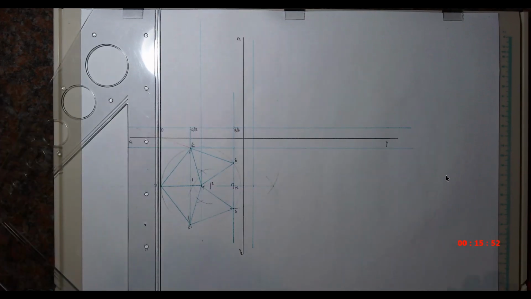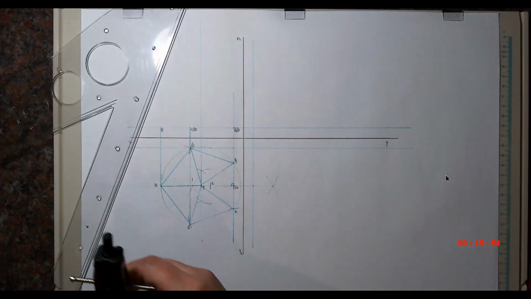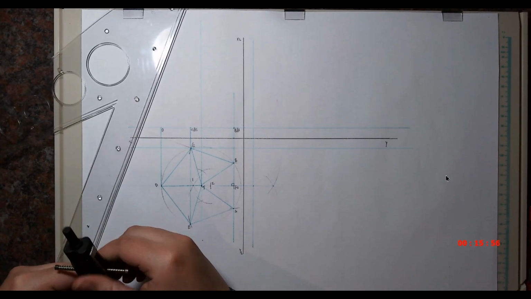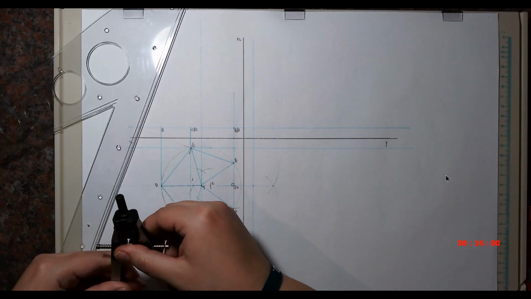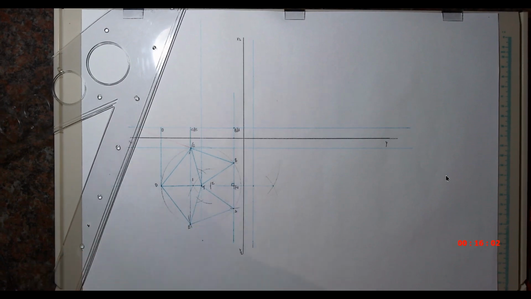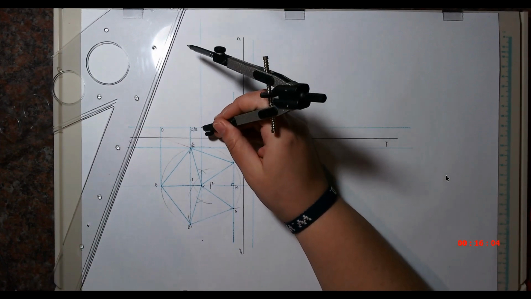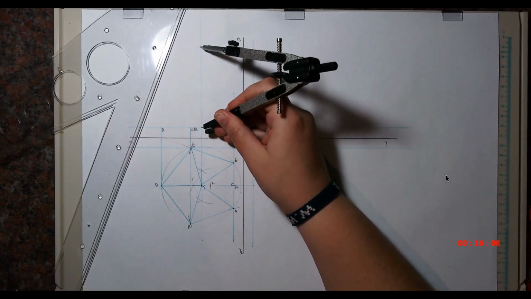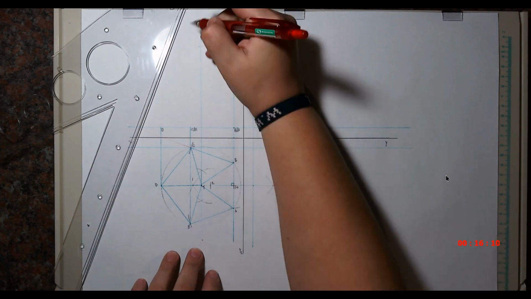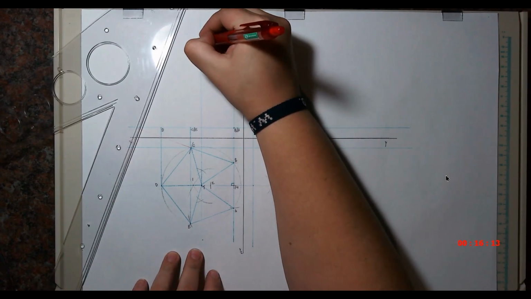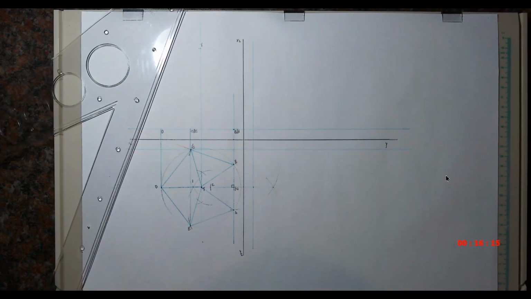So I'm going to measure 80. I have 80 measured on that middle top line, and that is my top point.